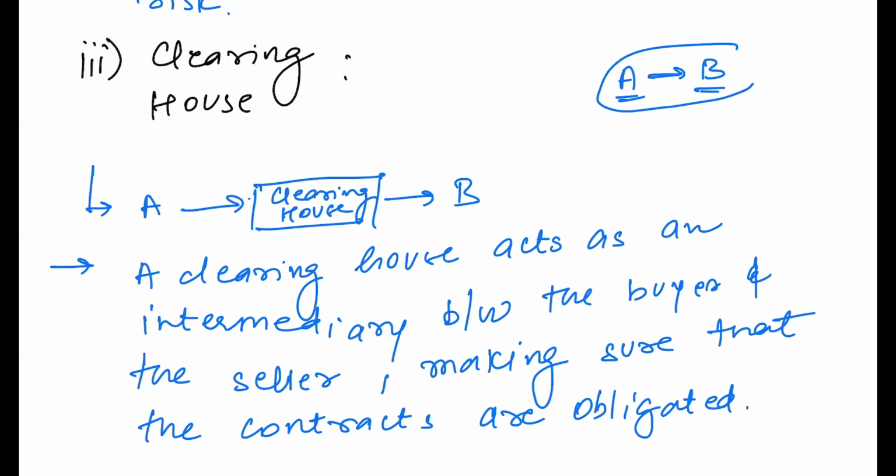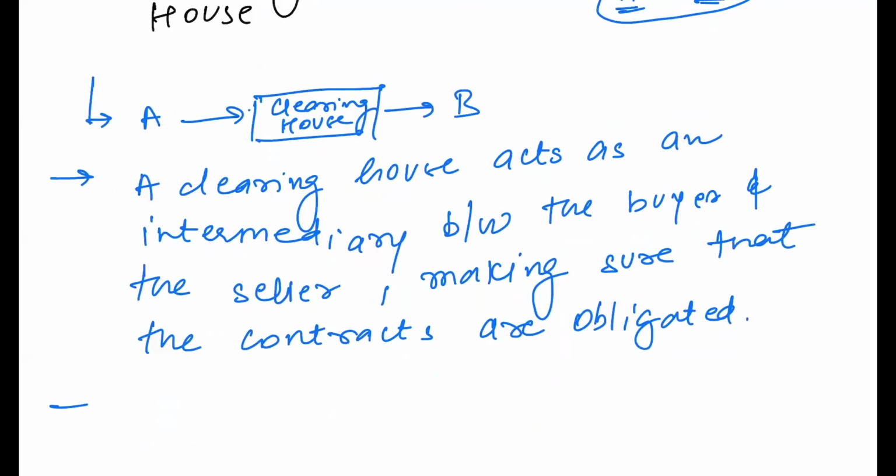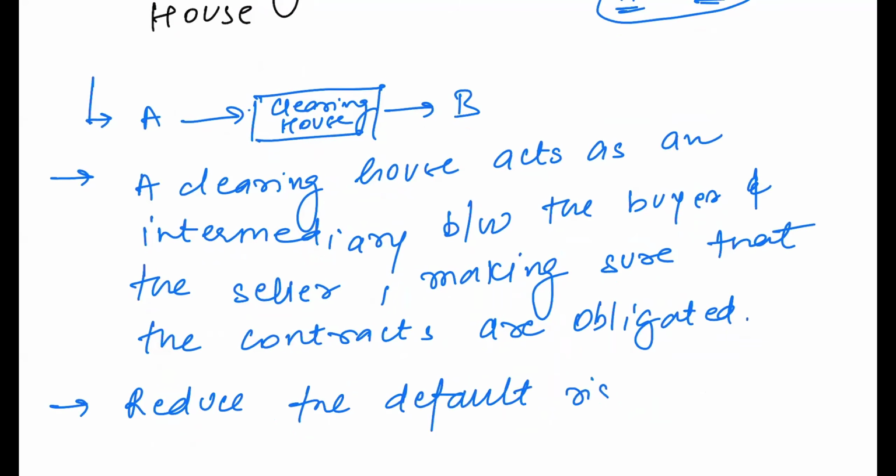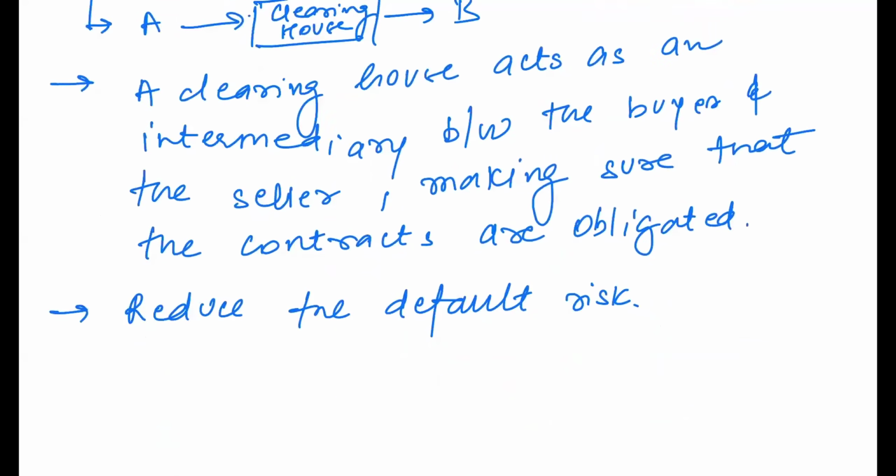It should not happen that I say I want to buy the asset, and the other party says they want to sell the asset, but then I back out. So it maintains transparency, helps to execute the contracts, and makes sure it's a fair deal. This in turn will reduce the default risk. So this is the third feature.